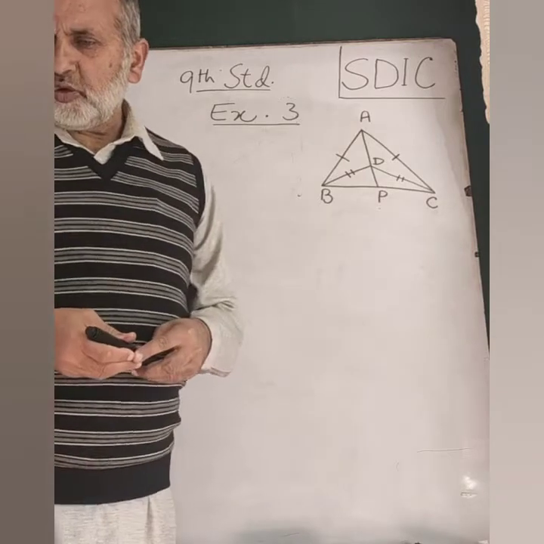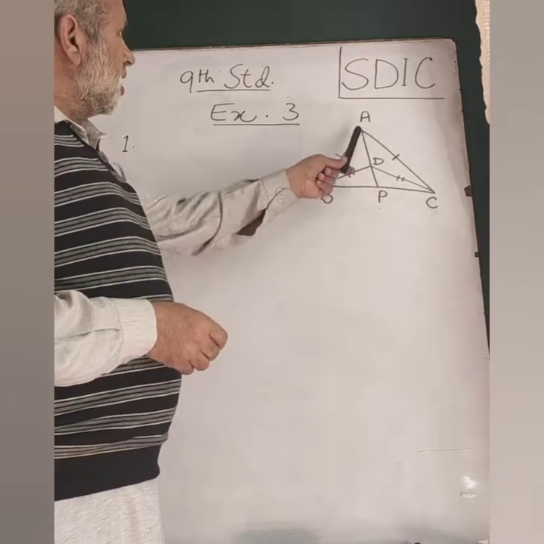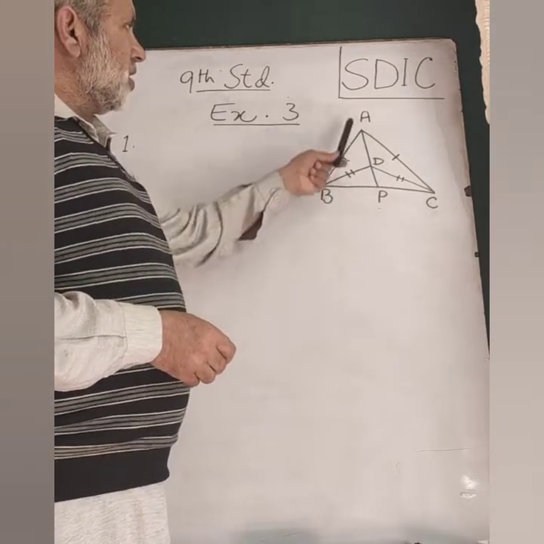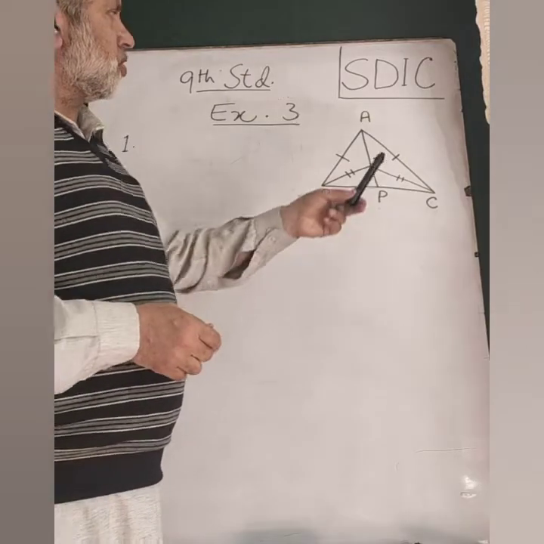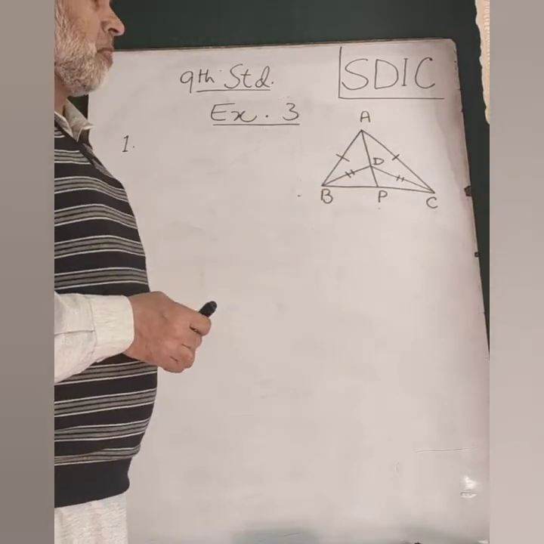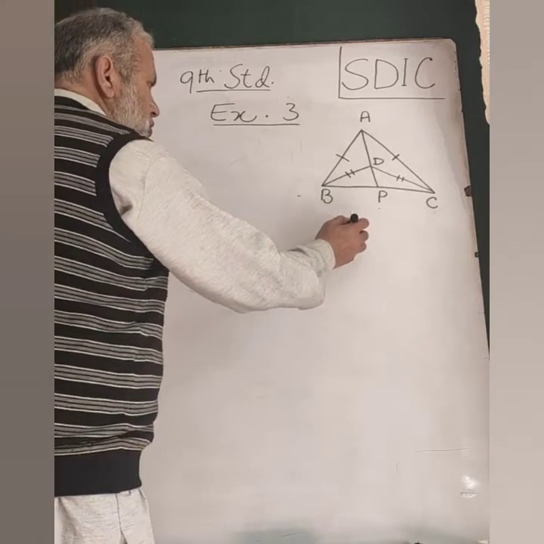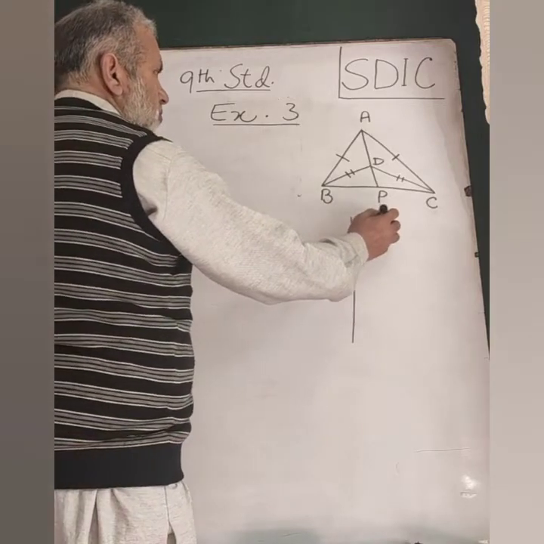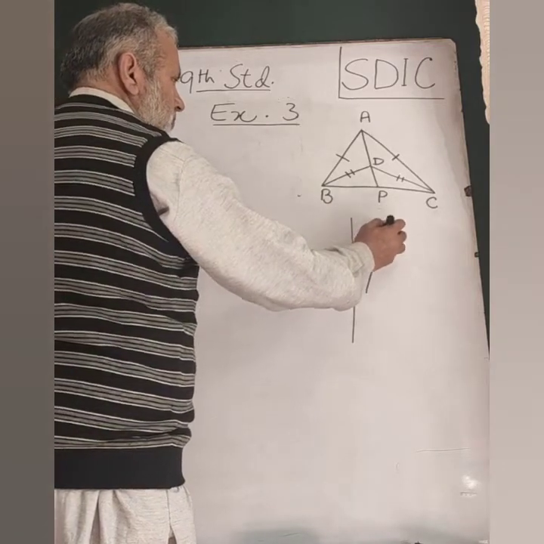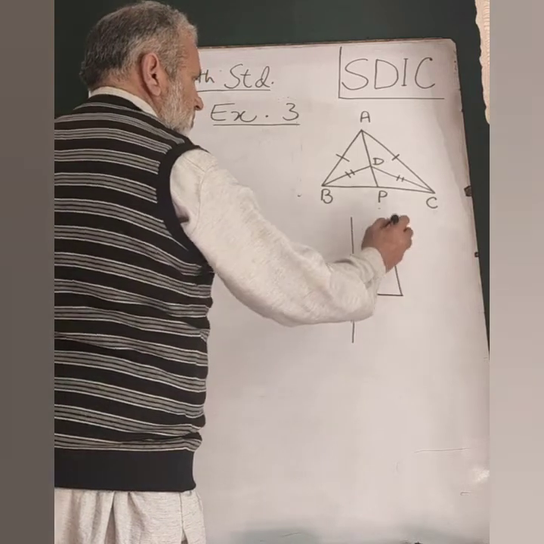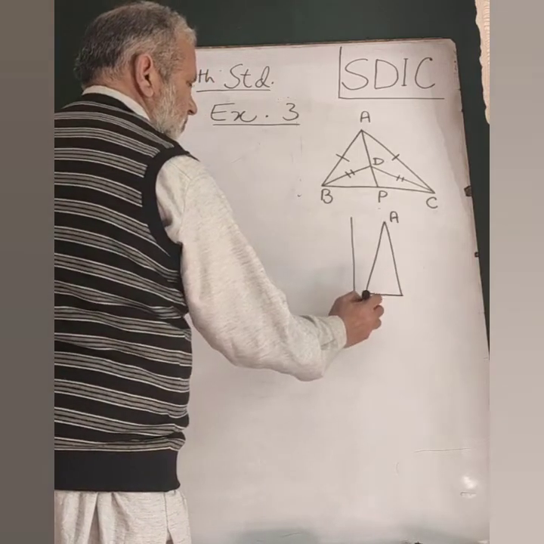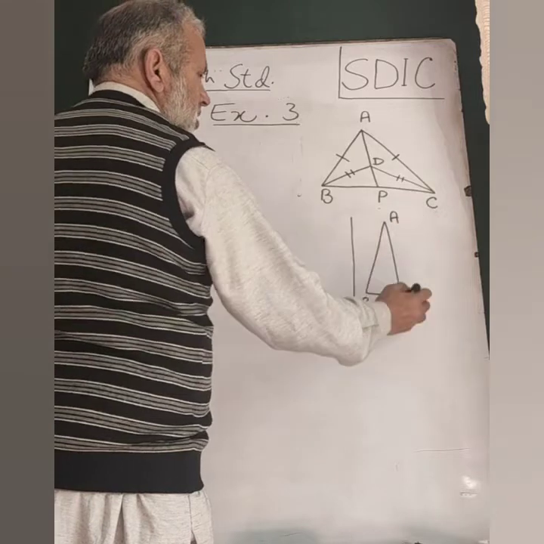In the second part, we have to prove triangle ABP, the larger triangle here on the left side, is congruent to triangle ACP. Now, rough diagrams of these 2 triangles also we will draw here. ABP is the first one. ACP is the second one.